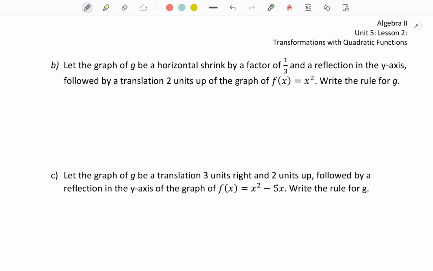So on B, it's going to say, let the graph of G be a horizontal shrink by a factor of 1/3 and a reflection in the y-axis, followed by a translation 2 units up of the graph of f of x equals x squared. So we need to write the rule for G. So we're starting at f of x equals x squared, but we're going to be writing G of x.